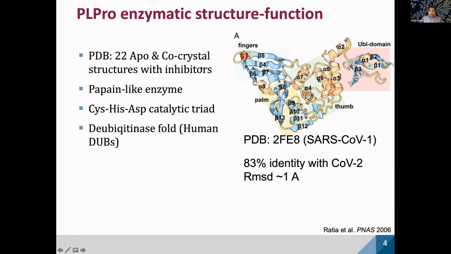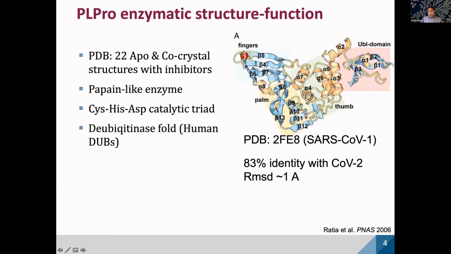Before we knew the structure of SARS-CoV-2 PLpro, which became available in May, I think, we relied on the structure of the SARS-CoV or SARS-CoV-1 enzyme, which was solved back in 2006, because the amino acid identity between CoV-2 and CoV-1 is about 83%.